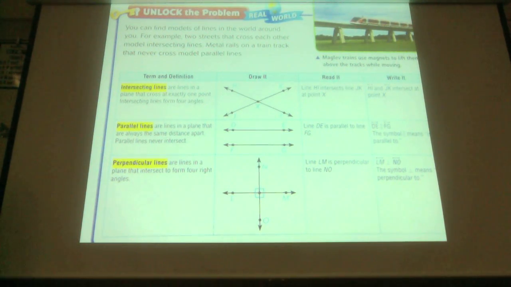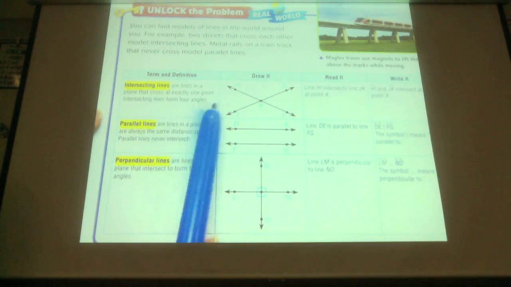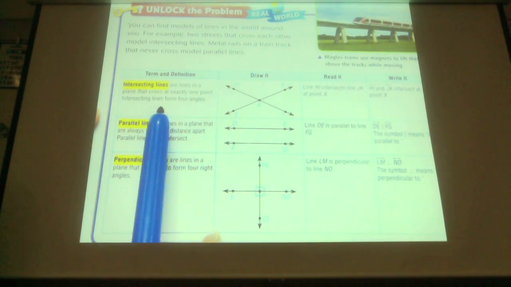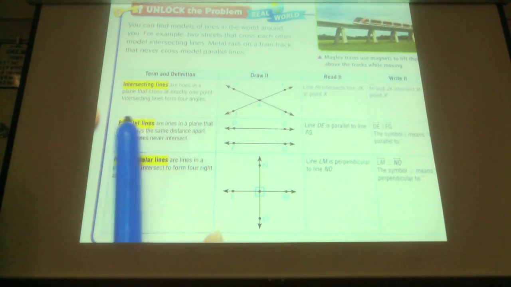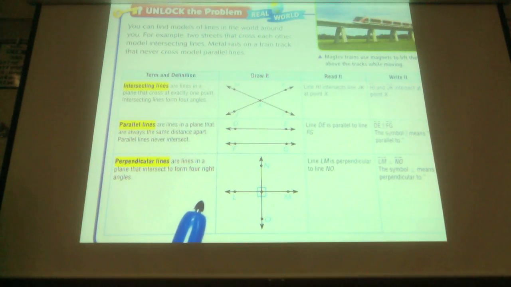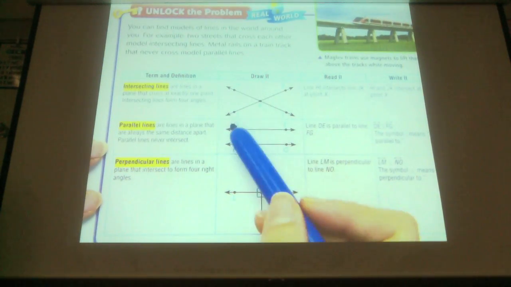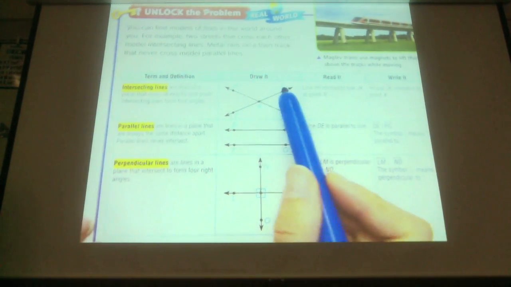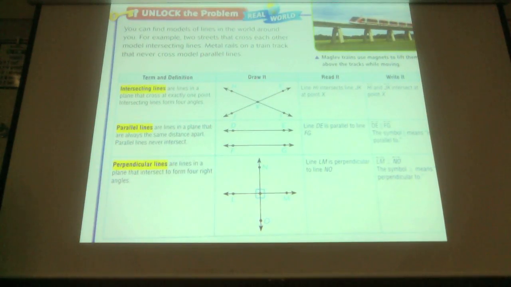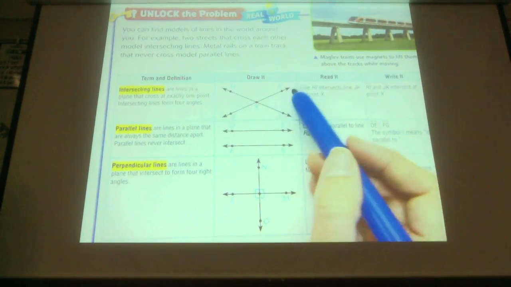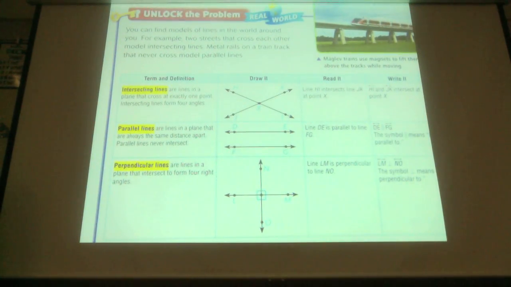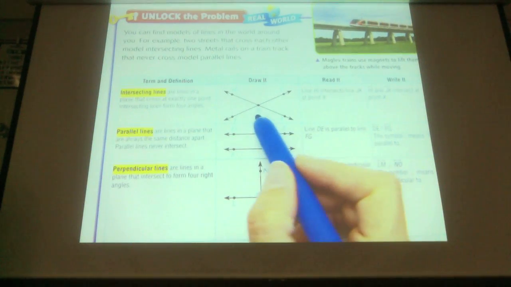Okay? So, intersecting lines are lines in a plane that cross at one point, and that's it. They form four angles. Have you ever seen roads that come to each other kind of sideways? They don't have to be perpendicular like this one. They can be any two lines that come together and cross at exactly one place, forming how many angles?